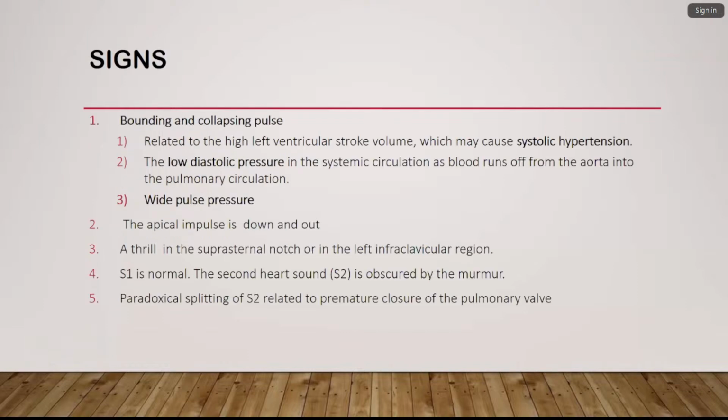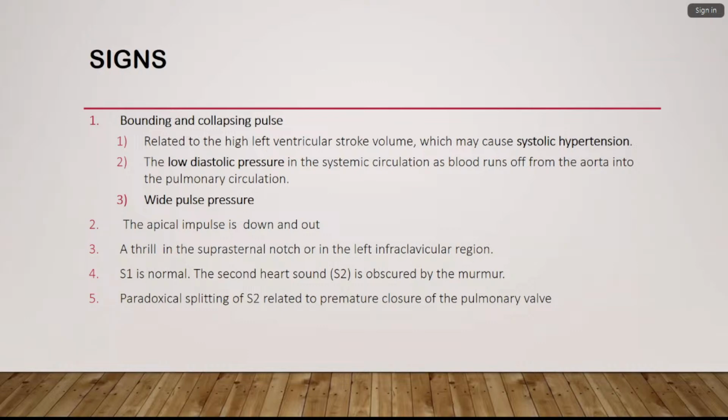These are some of the signs: there is a bounding and collapsing pulse. As we can see in PDA, there is systolic hypertension, which is due to higher left ventricular stroke volume, and there is low diastolic pressure, as the systemic circulation runs off from the aorta to the pulmonary circulation.